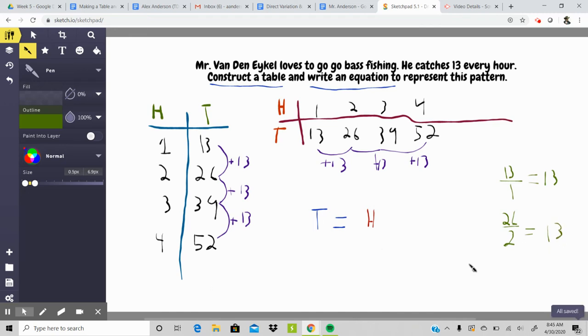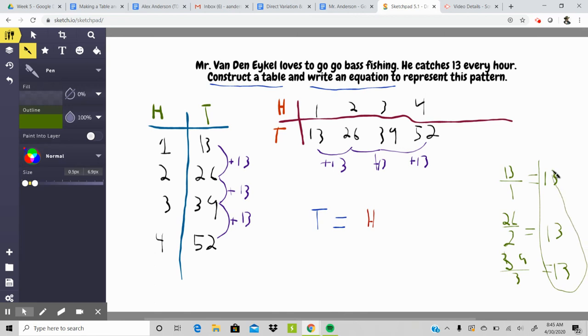If I do 39 over 3, that's also 13. And then if I had room on my board, I would go 52 divided by 4. That would also be 13.